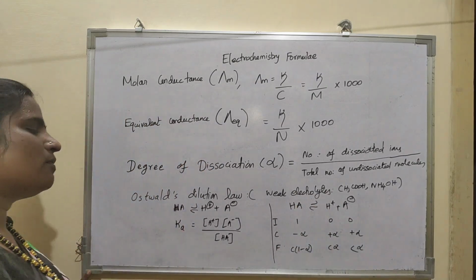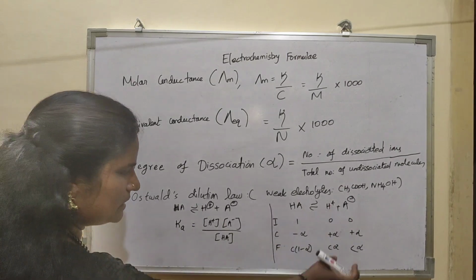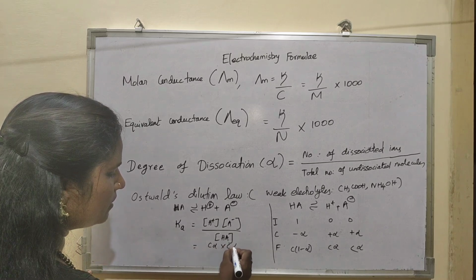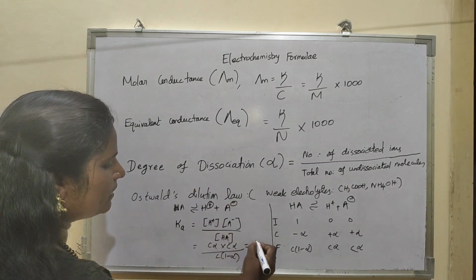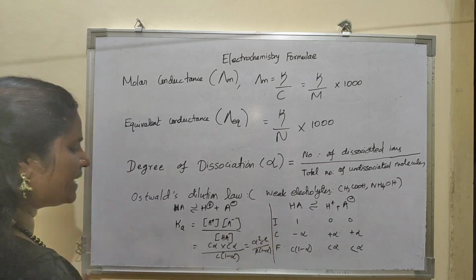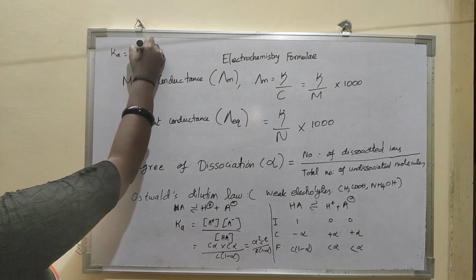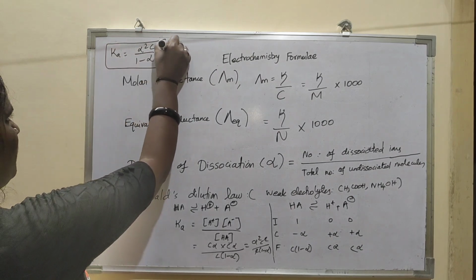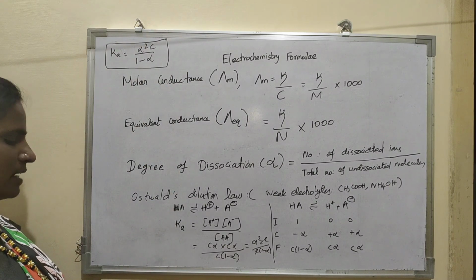This is the equilibrium concentration, so I substitute the corresponding concentrations in the equation. I get C alpha into C alpha divided by C into 1 minus alpha. So it becomes alpha square C square by C into 1 minus alpha. One C cancels, so the final Ka becomes alpha square C by 1 minus alpha. This is the dissociation constant for the weak acid, the Ostwald dilution law.